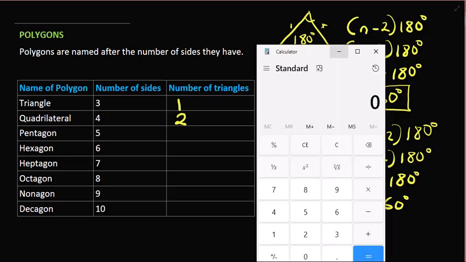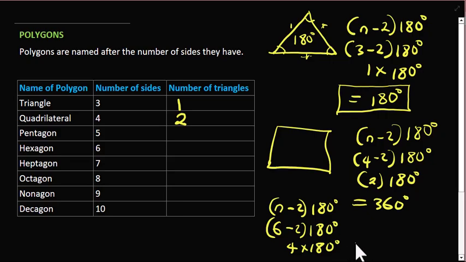I want to use a calculator. 4 multiplied by 180 degrees is 720, so we have 720 degrees. Now we are not solving for degrees, we're solving for the number of triangles.